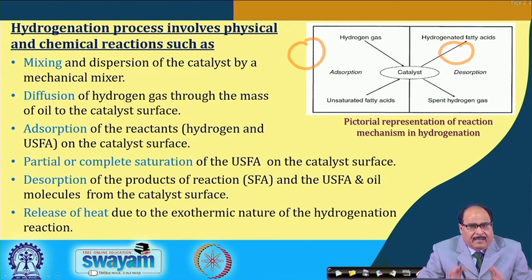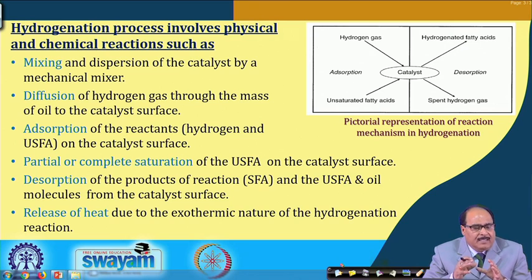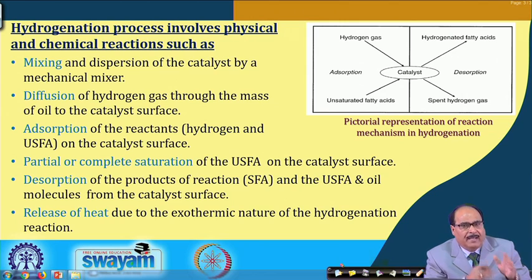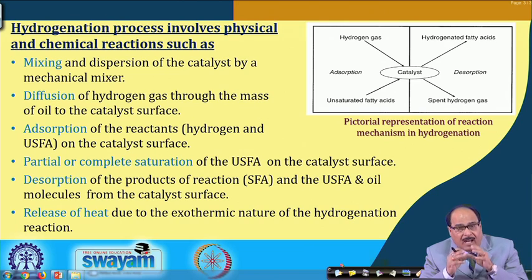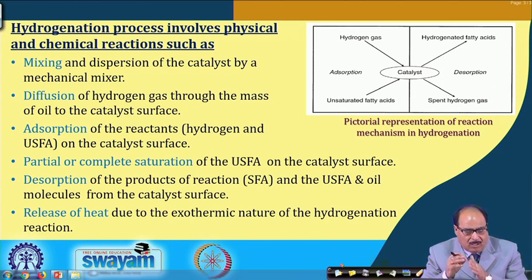In fact, the hydrogenation process involves multiple physical and chemical steps like mixing and dispersion of the catalyst by a mechanical mixer, diffusion of hydrogen gas through the mass of oil to the catalyst surface, adsorption of the reactants, which are hydrogen and unsaturated fatty acids, on the catalyst surface, and partial or complete saturation of the unsaturated fatty acid on the catalyst surface.